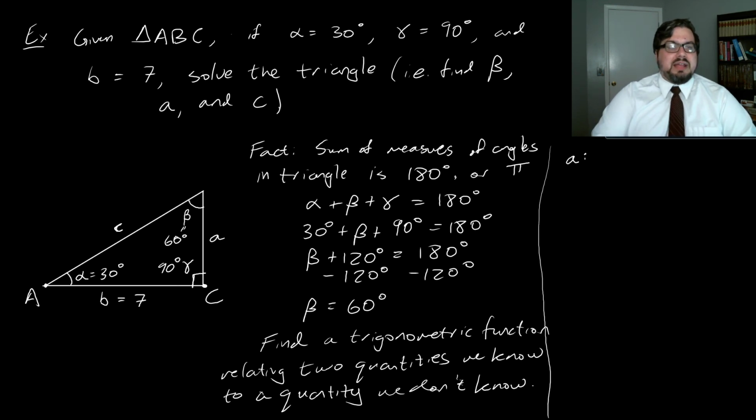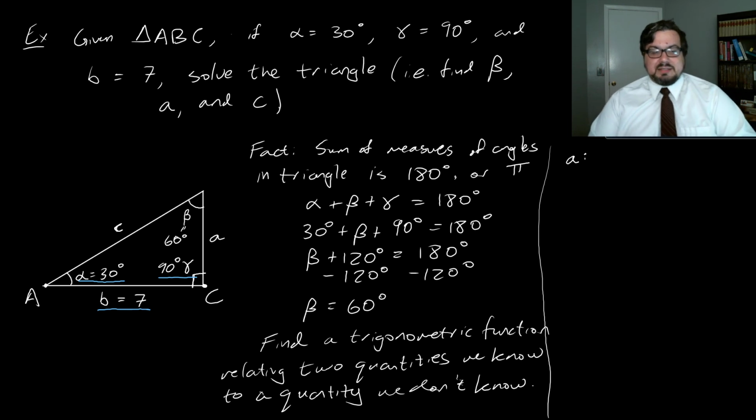We want to relate the quantities we know, the quantities that we were given at the beginning, the 30 degrees, the 90 degrees, and the 7, to A over here. So A is the thing that we don't yet know. Now, the 90 degree is not where we want to focus on. We want to focus on the other angles involved.